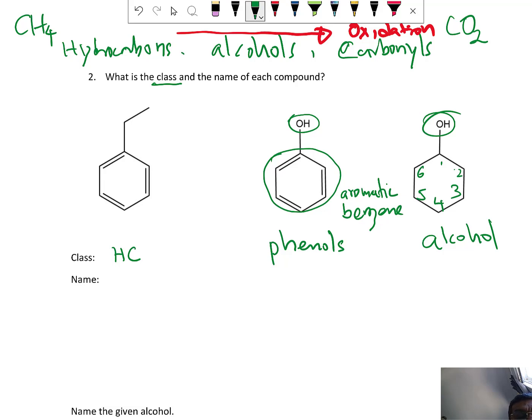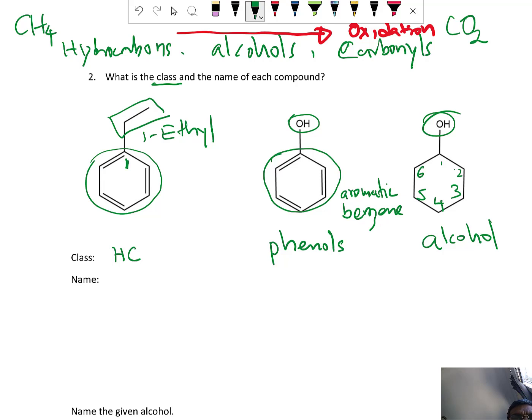Now let's write the names, right? So the first one is a benzene ring, and there is a substituent of 2 carbons, so it's called ethyl, right? The ethyl is sitting just on the ring, and there's nothing else significant, so I should say 1 ethyl.